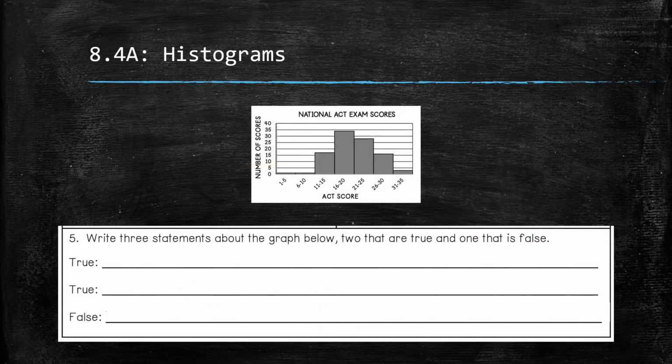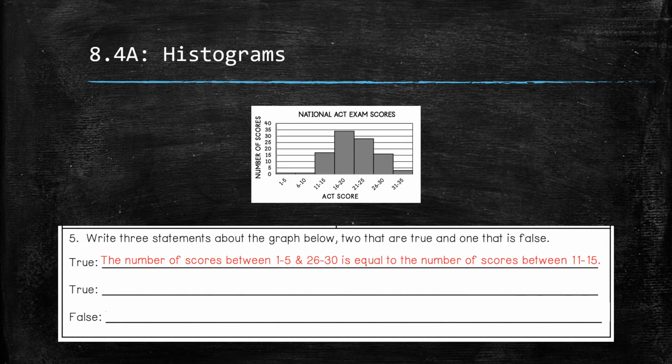So now looking at our histogram, we're going to come up with 3 statements about the graph that are true and one is going to be false. And again, there are a variety, and this is just an example. One true statement could be the number of scores between the interval 1 and 5 and 26 and 30 are equal to the number of scores between the range of 11 and 15.